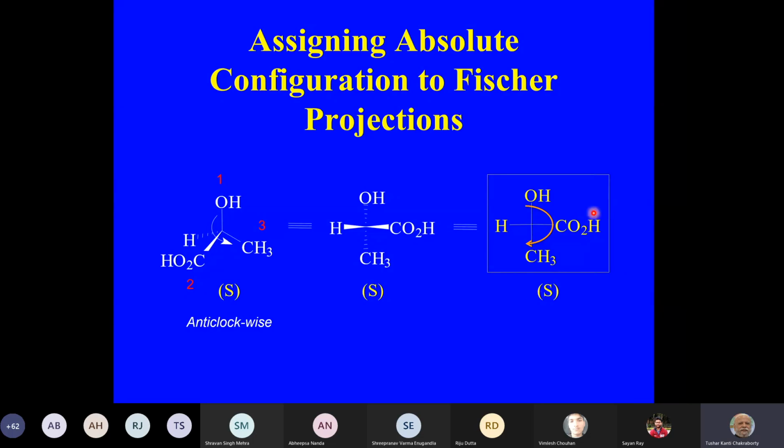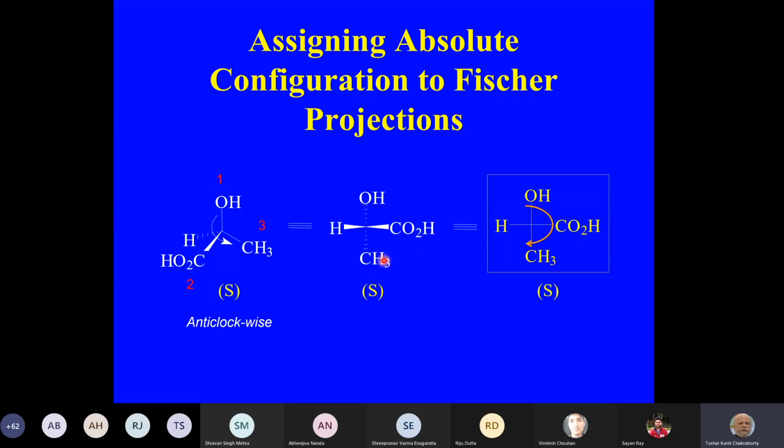Sometimes people also try to assign the configuration by drawing the Fischer projection. You don't need to do that exercise, but it's good to know. For example, I have drawn S-lactic acid on the left-hand side, and I can draw this structure like this in the middle, where the carboxyl group is above the plane and the methyl is down.